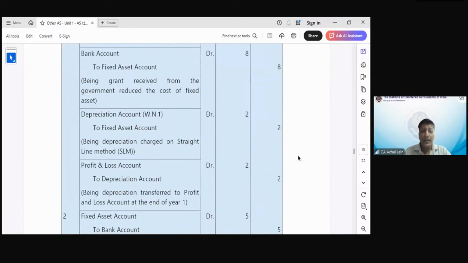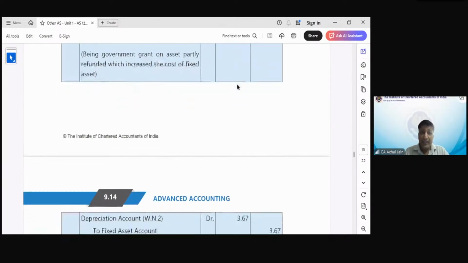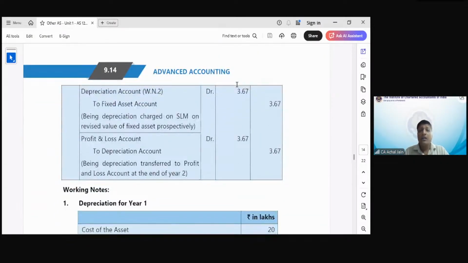So that's why in year 2, first of all, you increase the value of asset by 5. Then you pass the depreciation entry, not by 2 lakh, but by 3.67. Okay, and the same amount you'll also transfer to P&L. Clear?